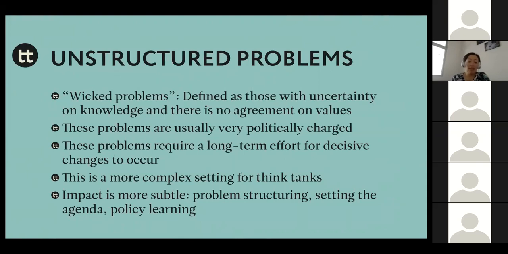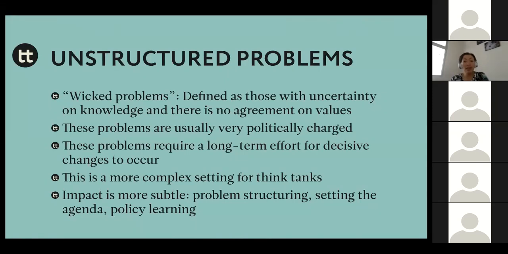These problems are very politically charged, so they are somewhat more complex settings for think tanks. Think tanks do get involved in these types of problems, but they are not as common as those that work in structured problems.